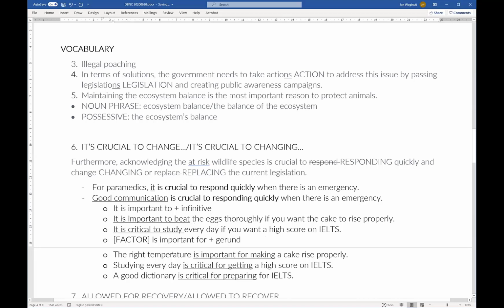In the last sentence, if you write like this, a good dictionary is critical to prepare for IELTS, will it be correct? A good dictionary is critical to prepare for IELTS.